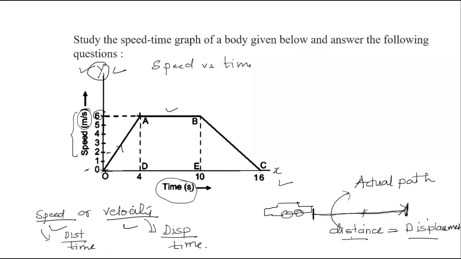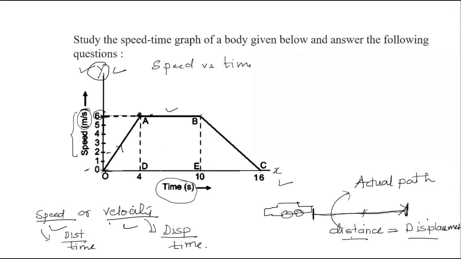As the time goes, its speed or velocity goes up, and then from A to B the velocity remains the same. Look at this. If you are asked to plot the graph at 4 seconds, what is the velocity? 6. At 5 seconds, what is the velocity?